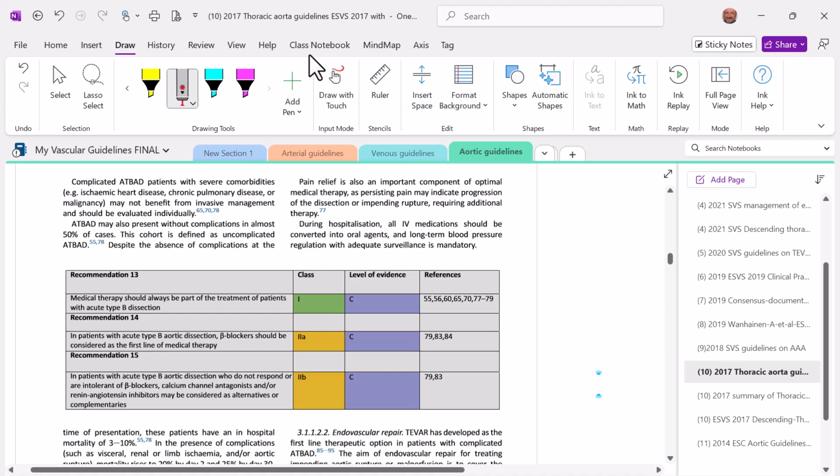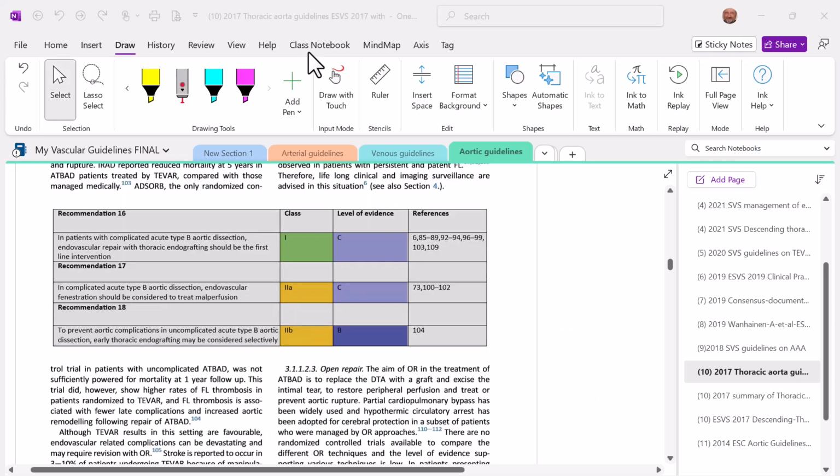If you don't have a response with beta blocker, calcium channel antagonist and renin-angiotensin system inhibitors are considered as alternatives. And we usually refer to internal medicine for control of blood pressure.